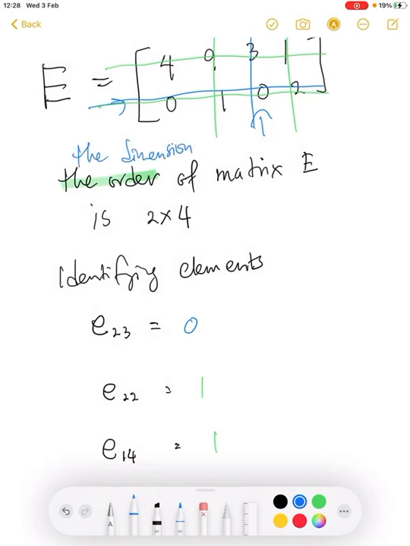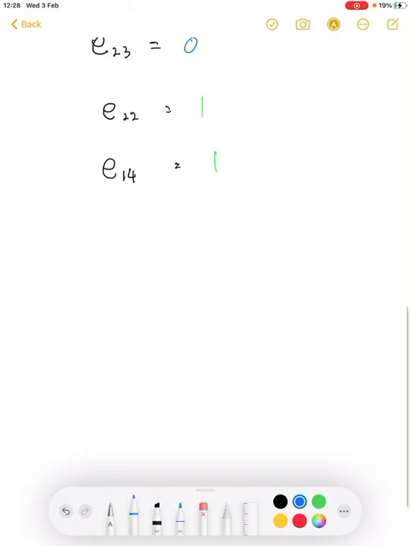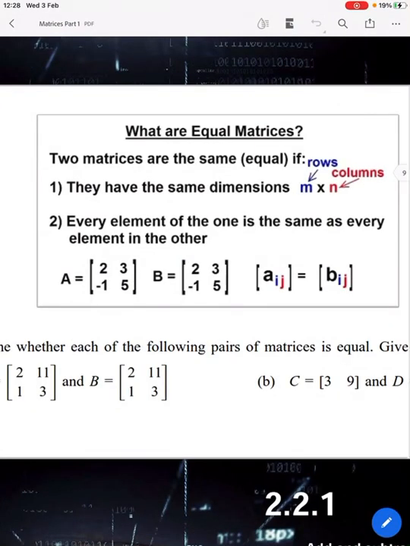The dimensions are the same. Let's look here: matrix A is 2 3 negative 1 5, B is 2 3 negative 1 5. All elements are the same, so we say that matrix A is equal to matrix B.